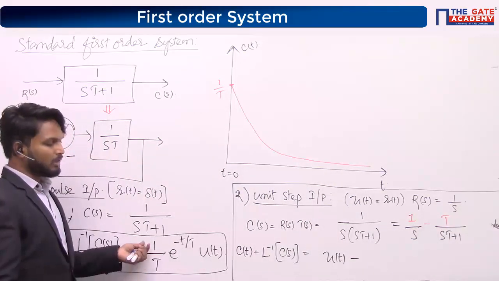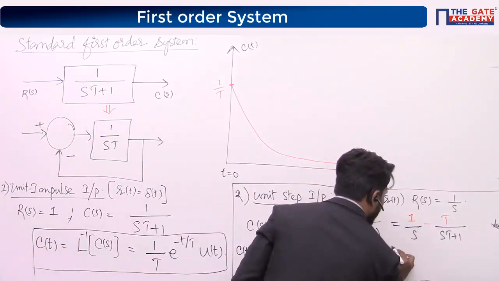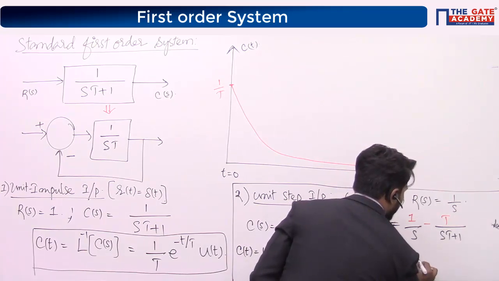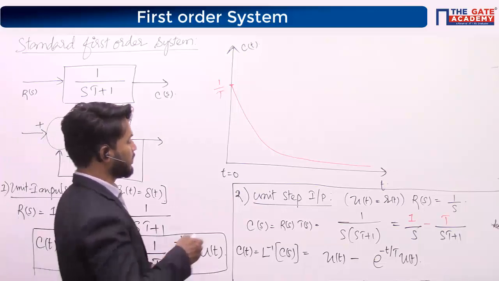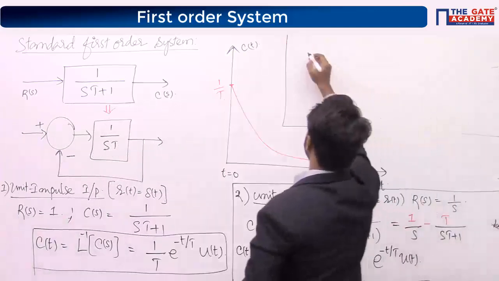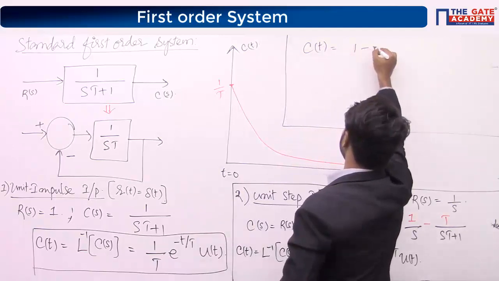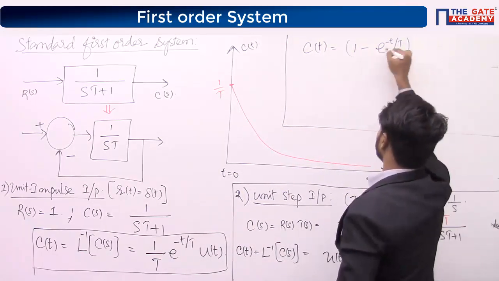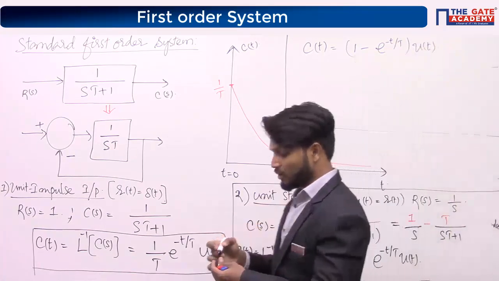Just multiply T with this, you will get e power minus t divided by capital T multiplied by u of t. Therefore, c of t is equal to 1 minus e power minus t by capital T multiplied by u of t. This is your answer.